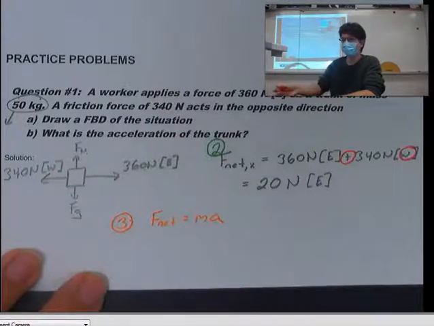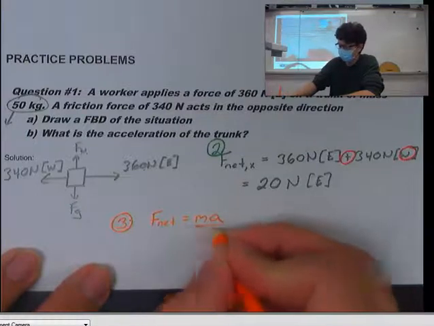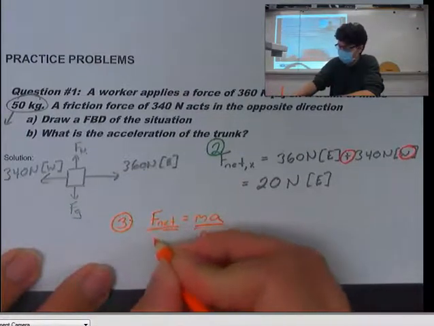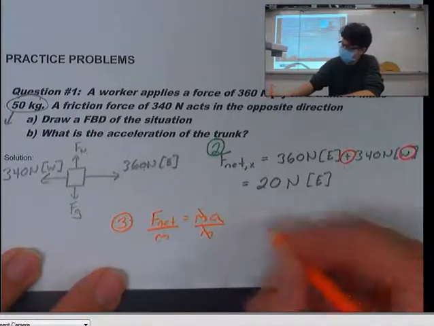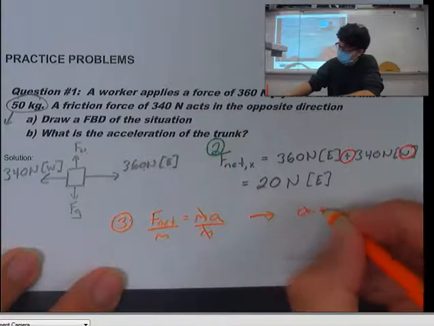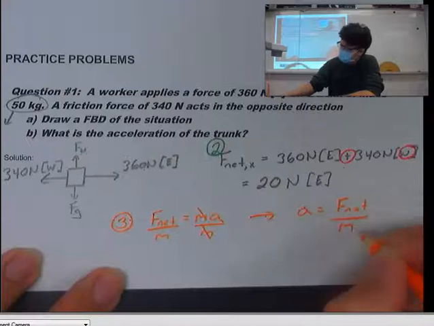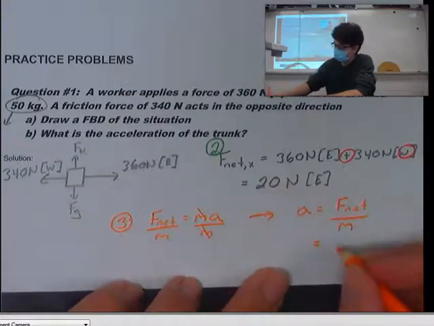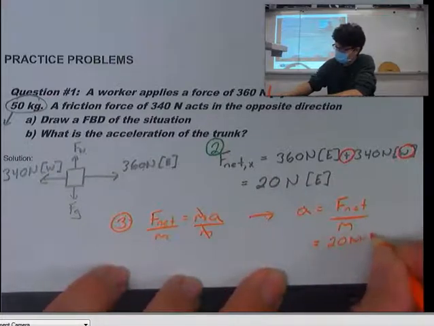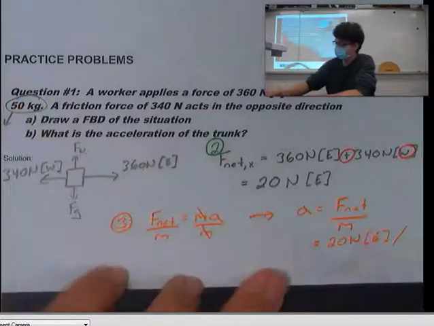Now, a lot of the times you're not going to use it like this. You're probably going to divide both sides by mass first. So you divide both sides by mass. Mass cancels on this side, and just move over here. You'll get acceleration equal to F net divided by mass, which in our case is 20 newtons east divided by the mass, which was 50 kilograms.